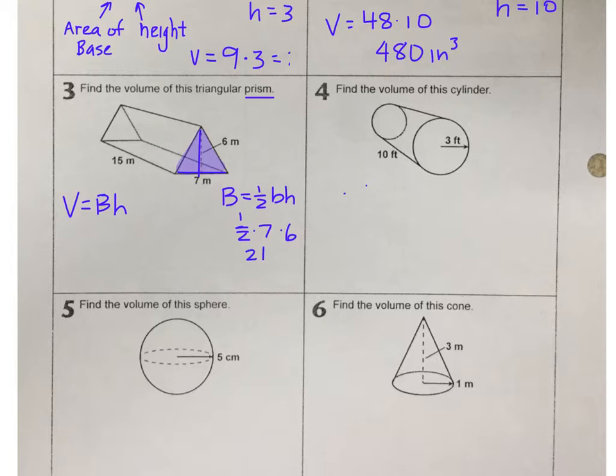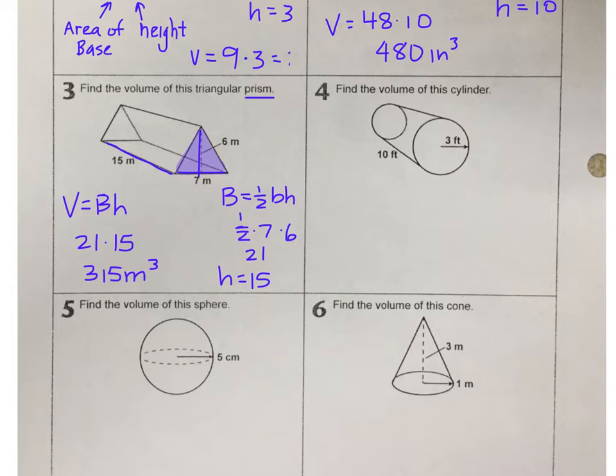That equals 21. And then our height of the prism is 15. So we say 21 times 15. So our volume is 315 meters cubed.